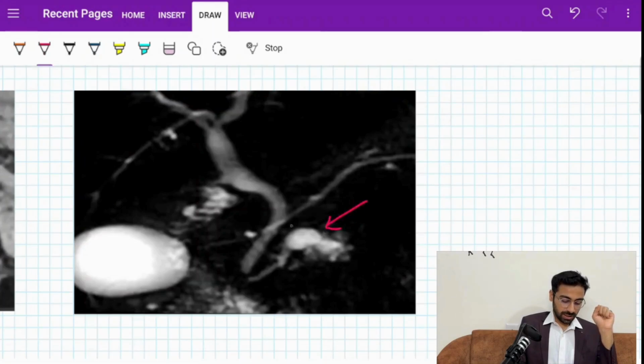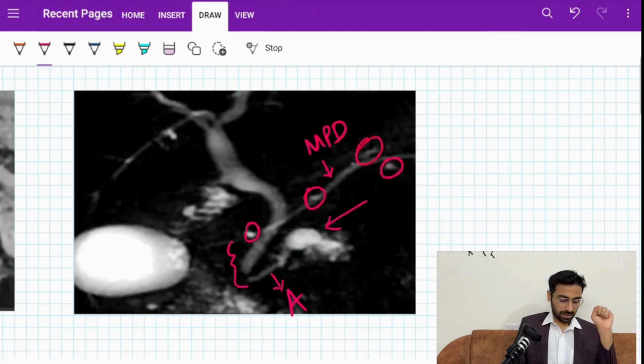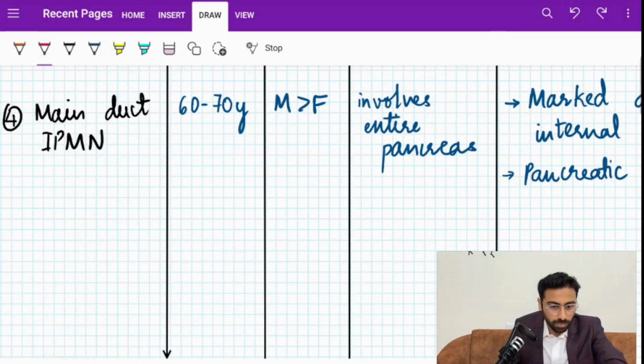The patient actually had pancreas divisum. We can see here that this is the main pancreatic duct, this is the accessory pancreatic duct, and these are small IPMNs that were communicating with the main pancreatic duct. The large one was communicating with the accessory pancreatic duct. This was quite an interesting case that our team handled.